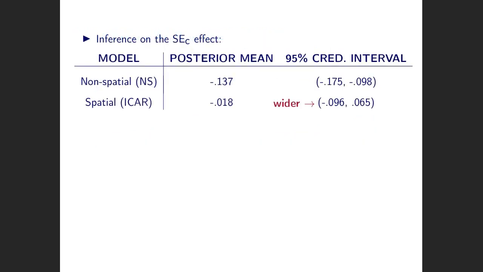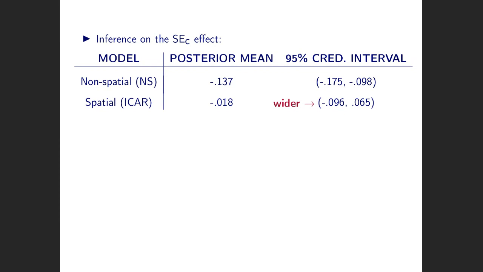Okay, so we focus on the spatial ICAR model and the corresponding non-spatial model, and focus on the inference on the beta corresponding to the coefficient representing the effect of socioeconomic status. If we look at the non-spatial model, we get a posterior mean of negative 0.137 with this credible interval.